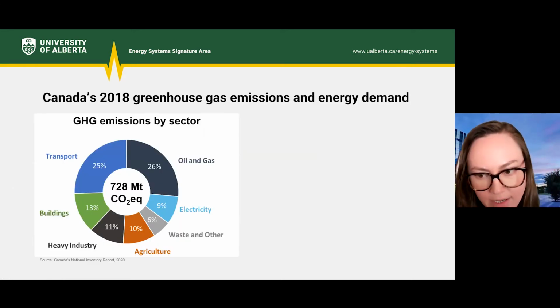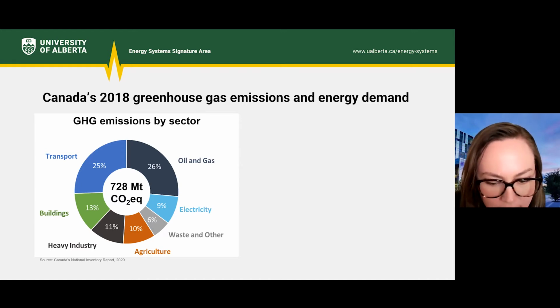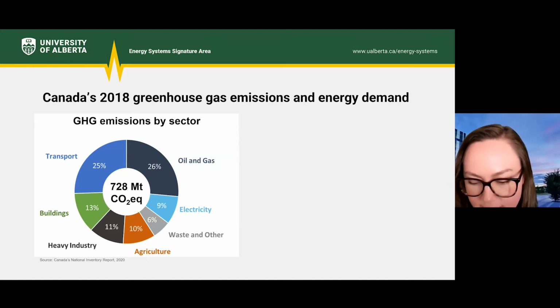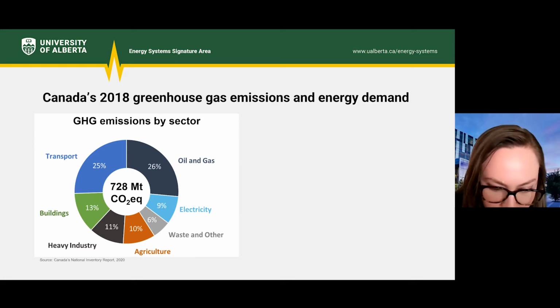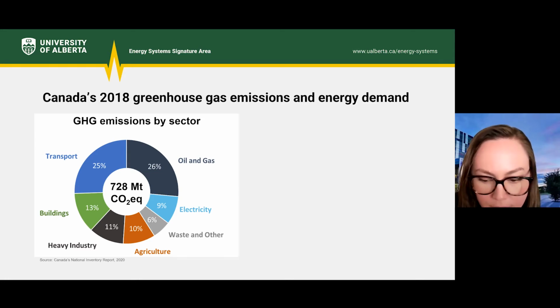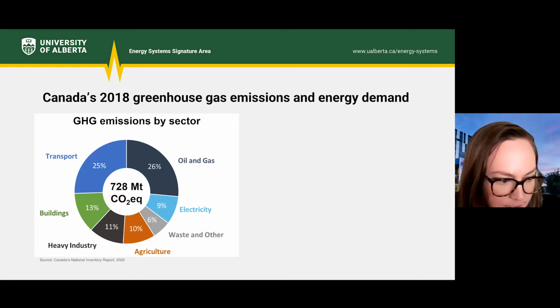If we look at Canada's greenhouse gas emissions, in 2018, Canada emitted 728 megatons of CO2 equivalent. And if you look at the breakdown by sector, you can see that electricity was only 9% of our national emissions. And the majority of our emissions actually come from transportation, oil and gas, and the building sectors.